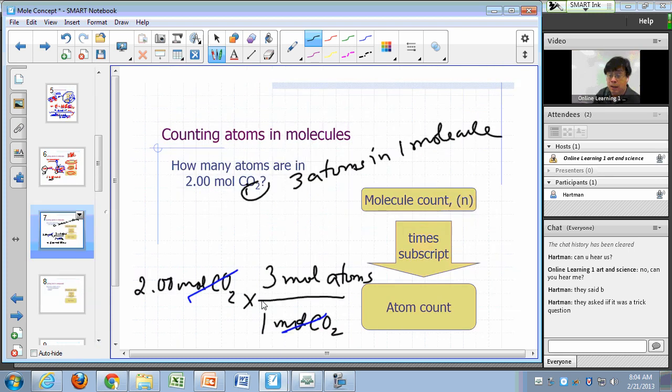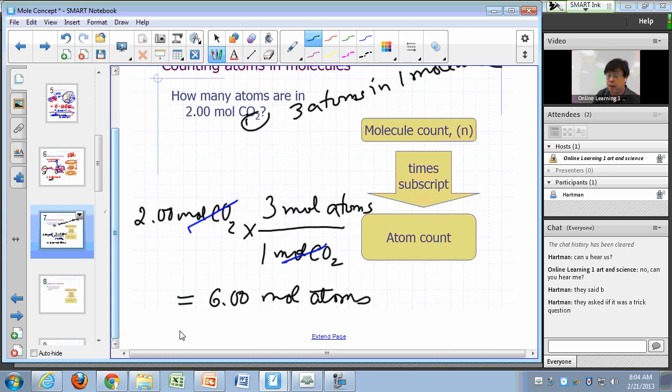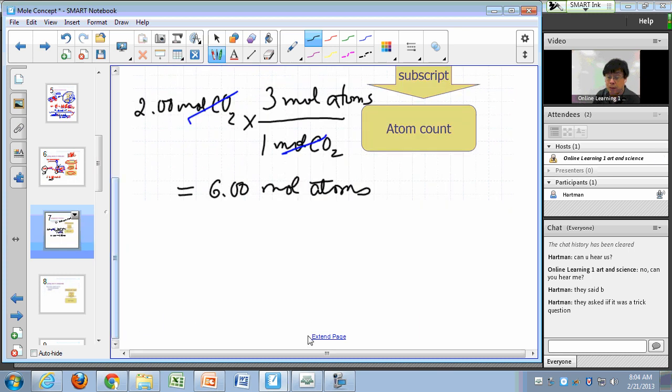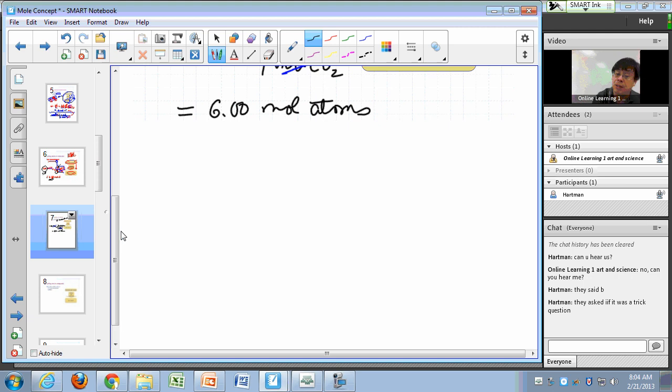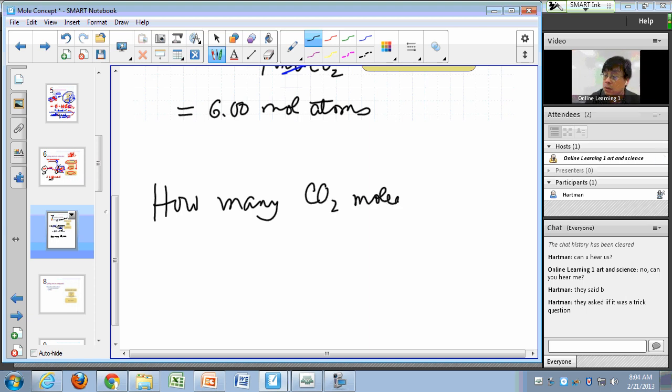Okay. Let me stretch this out a little bit. Let me make this problem a little challenging. Let me give you a question here. How many CO2 molecules contain 5 moles of oxygen atoms?